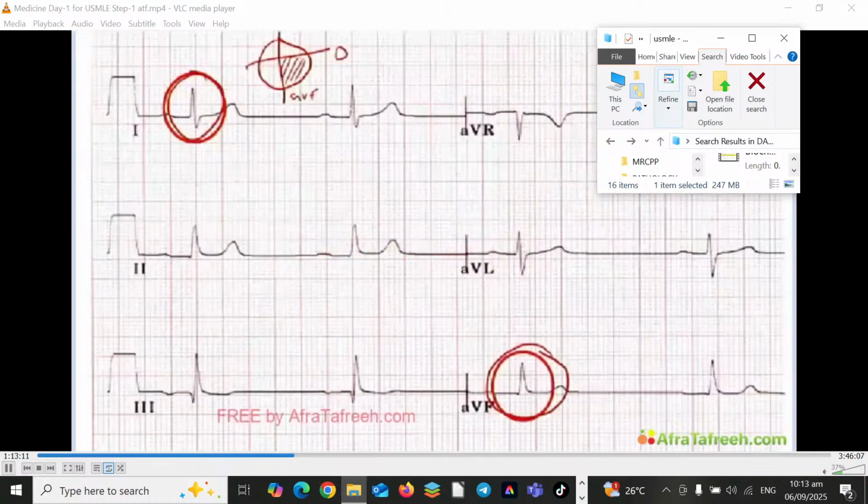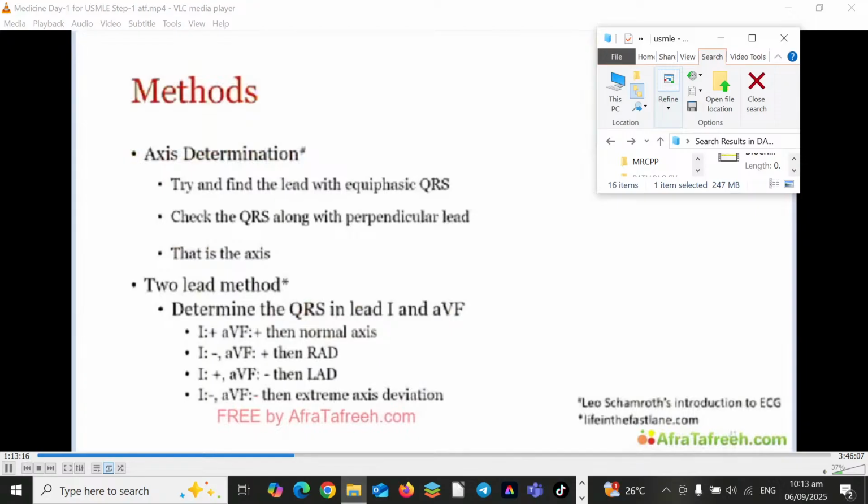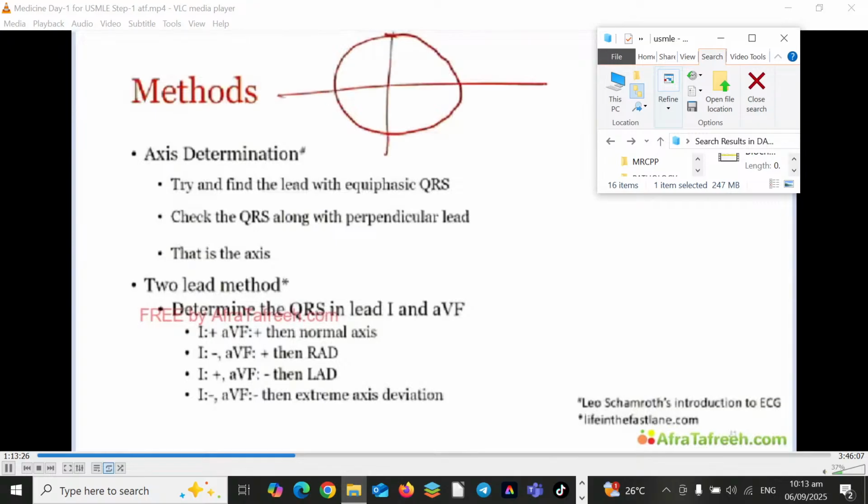I'll simplify it a little bit for the people who are not participating. When you are seeing this as a heart with the various axes, you have divided it into quadrants. The 0 degree represents the left side of the quadrant.